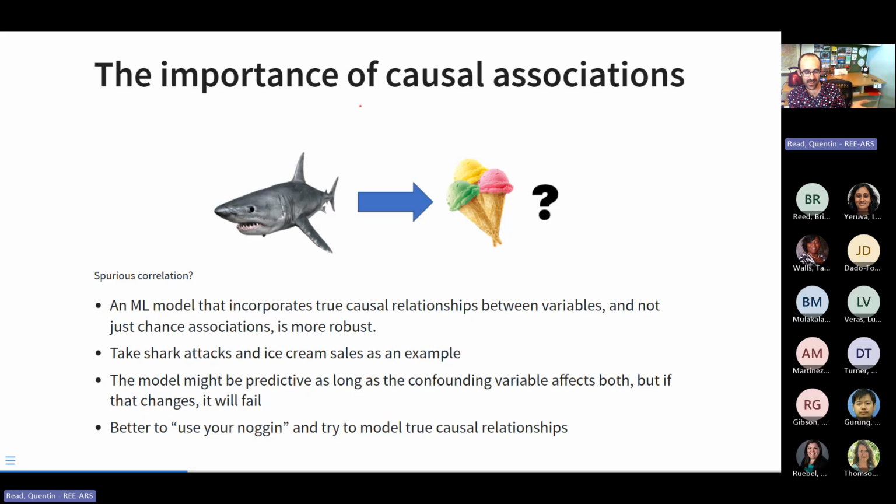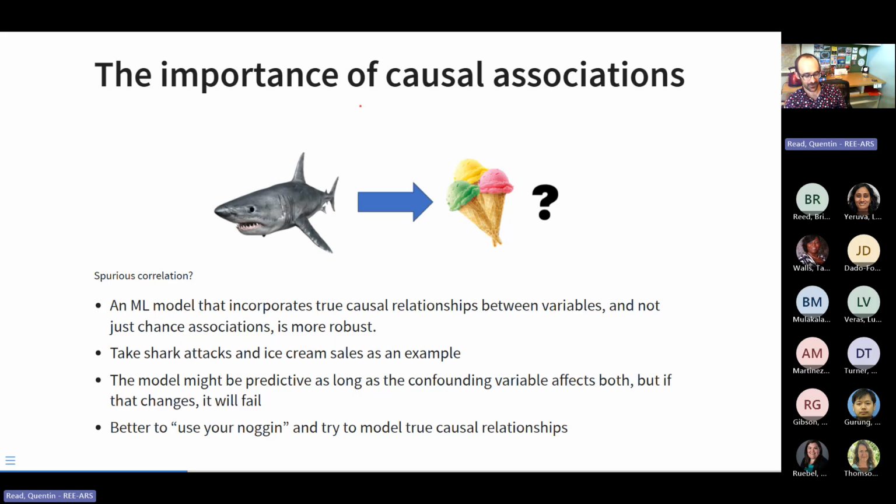The classic example is shark attacks and ice cream sales. If you have a time series of shark attacks per week, it peaks in the summer when everyone's at the beach. If you have a time series of ice cream sales, it also is higher in the summer. And so there's a high correlation between shark attacks and ice cream sales.